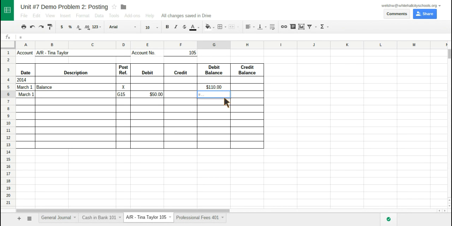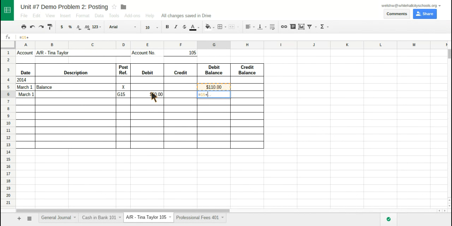You can do a formula and just do this cell, this cell, and hit enter, and it'll do the math for us. Okay, you can go through if it's not already and center a line just to make it look neater. But since we have now our new balance for accounts receivable, Tina Taylor, is 160. This last number in the balance column will be what our balance is at that time.